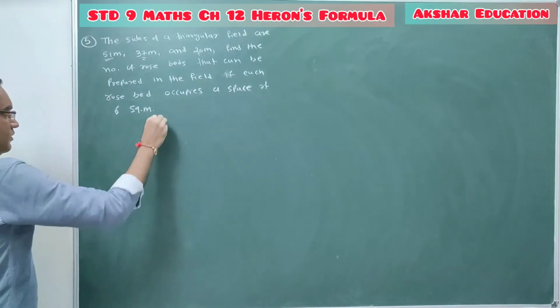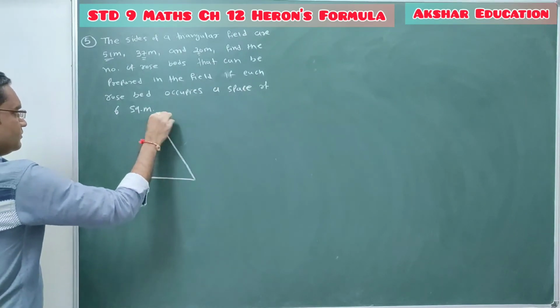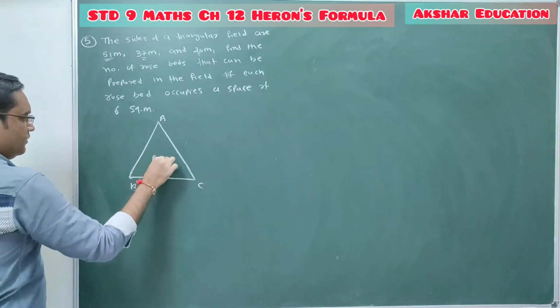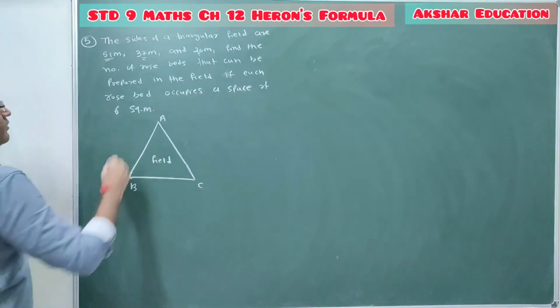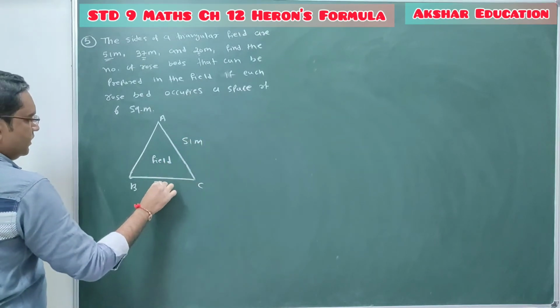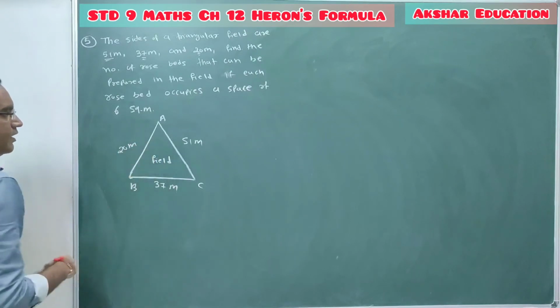So let our triangular field be triangle ABC. This is our triangular field. Dimensions are given: 51 meter, 37 meter and 20 meter. Three sides of the triangle are given.